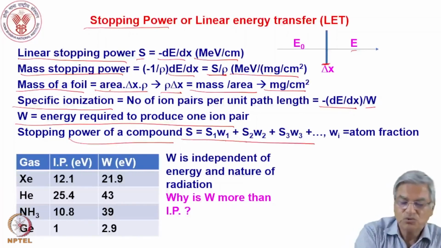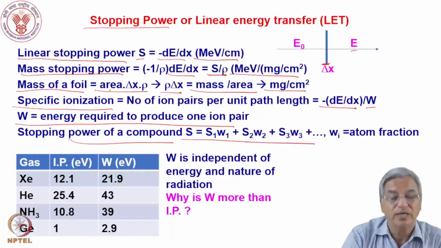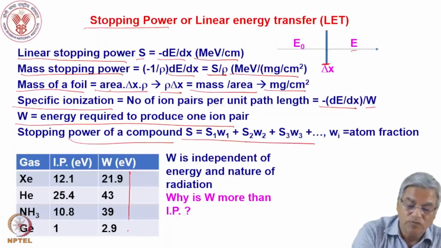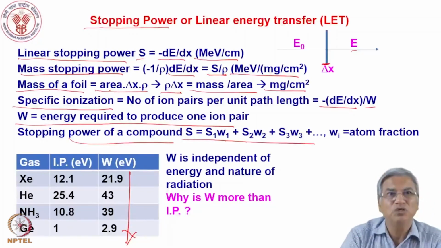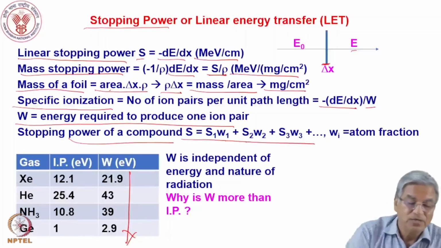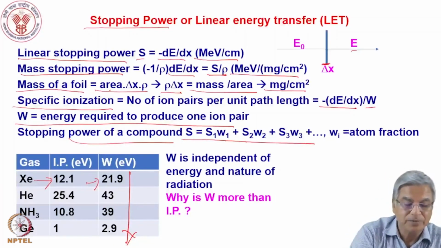So now, just to give you a feel for the values, these are the W values, the energy required to produce 1 ion pair, in different media. Ideally speaking, the W value should be equal to the ionization potential or ionization energy of a medium. So for xenon, ionization potential is 12.1, but the actual W value is higher.